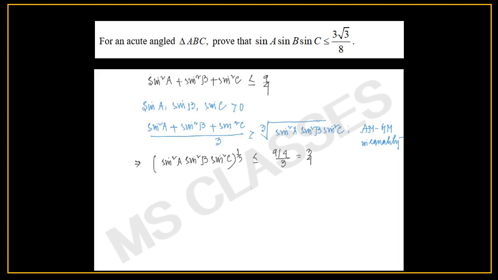Now we can further simplify this one, and we can write that sine A sine B sine C to the power of 2 by 3 is less than or equal to 3 by 4. And from this we can write sine A sine B sine C is less than or equal to 3 root 3 by 8.